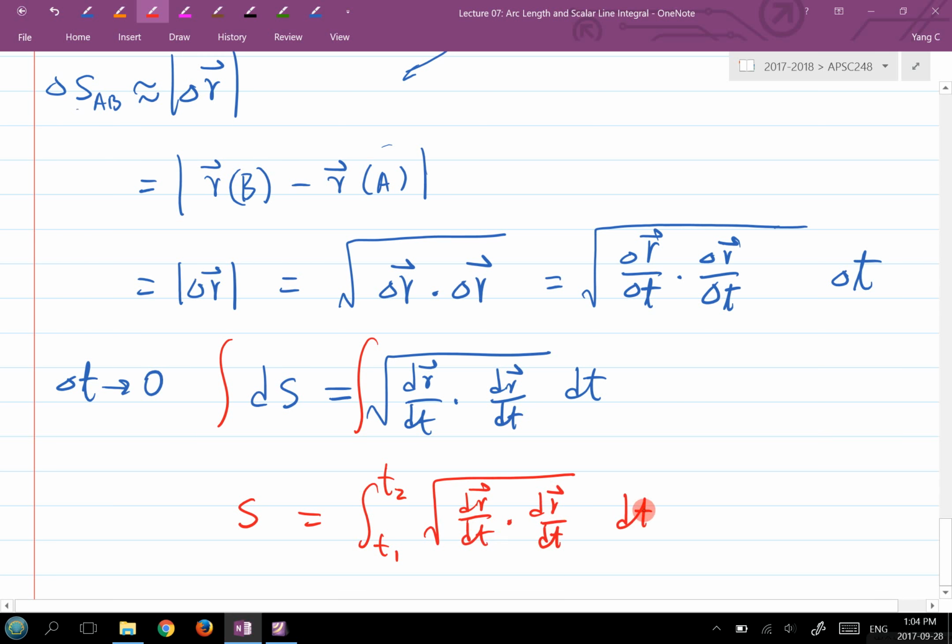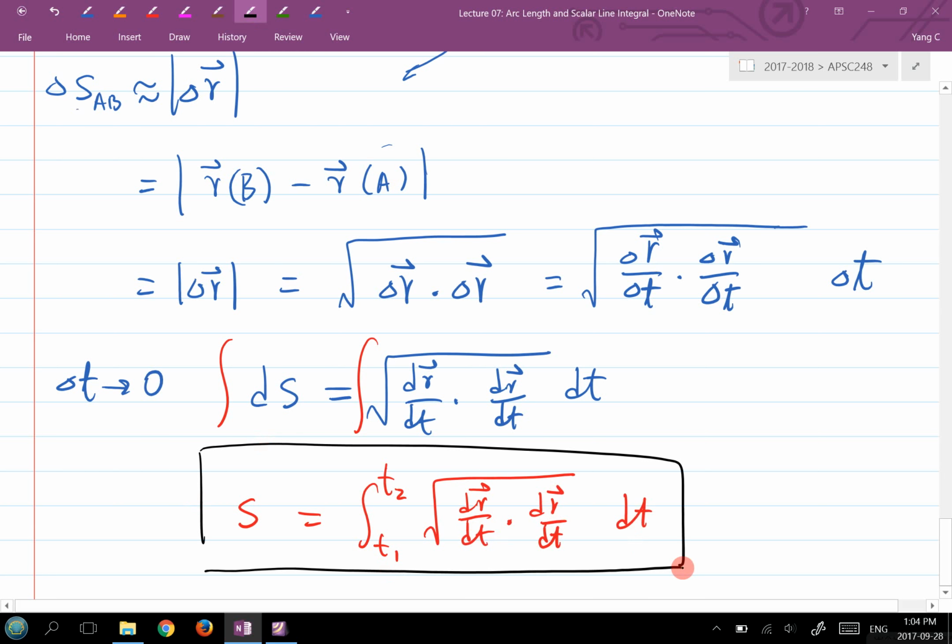That's it. This is basically the formula for arc length, from t equal to t1 to t equal to t2, or how far it travels along the curve.